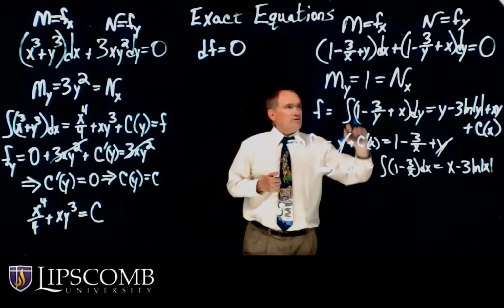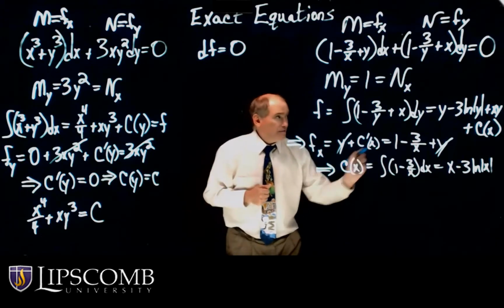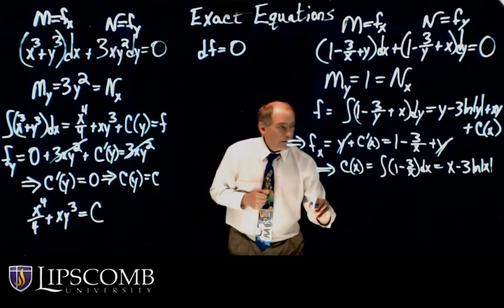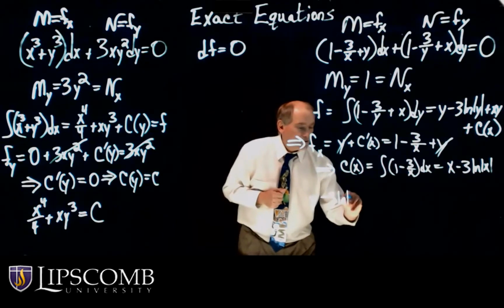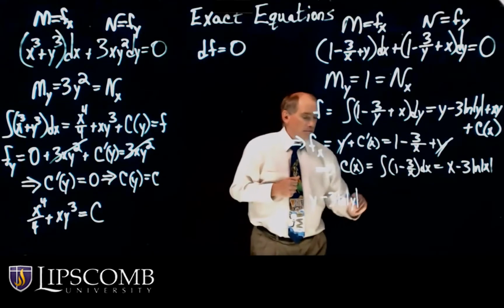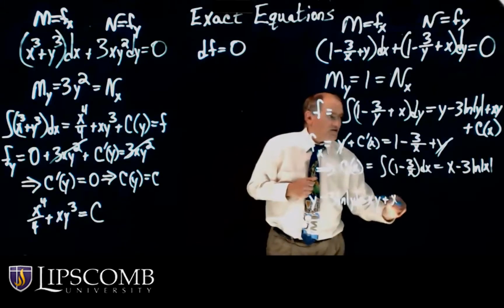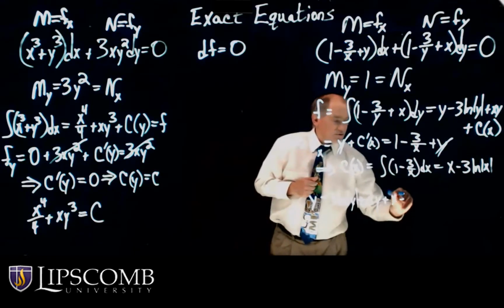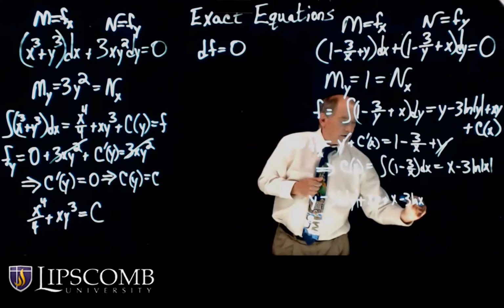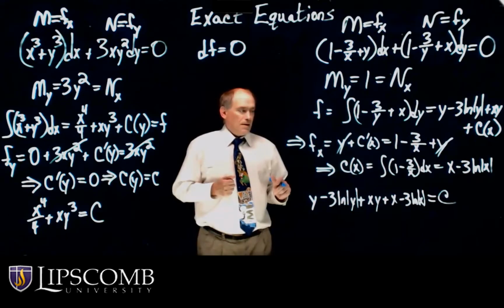So let's plug this in to my f. So again, f is what? y minus 3 ln absolute value of (y plus x) plus x times y plus x. Now I'm replacing the c of x with this, minus 3 ln of x absolute value equal to c.